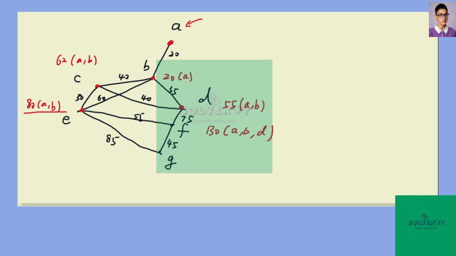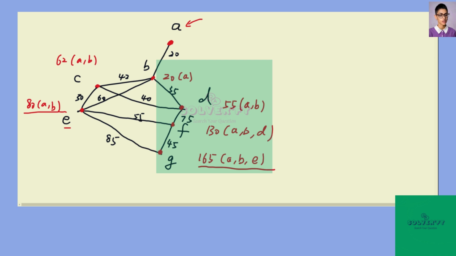And lastly, we want to check out the shortest path reaching G. There are two ways. The first is going from E, in which we have 165. The second is going from F, the path with 175, and it's clear that 165 is smaller. Here, we get all those points, and these two are what we want.